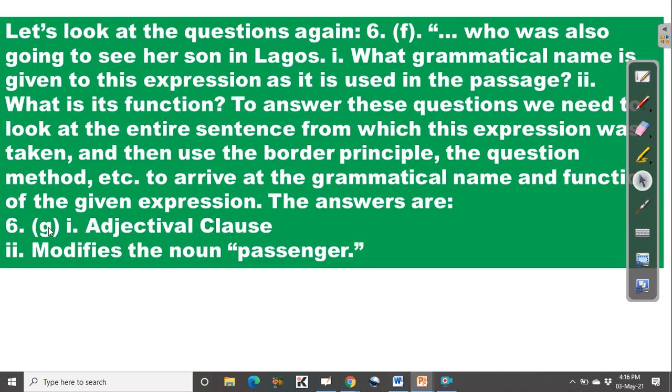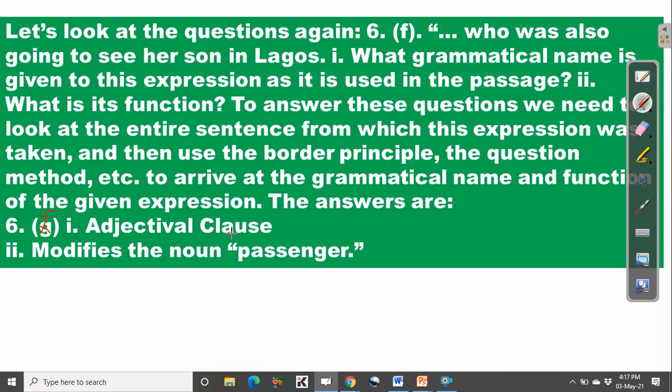So you come here. This is a typo; this is not G. Because the question is F, you have to write F here. Your answer should be F. Then I, you write adjectival clause, or if you like, relative clause.